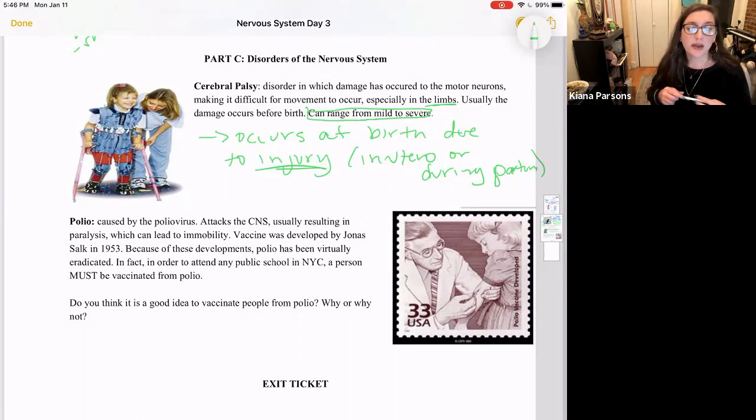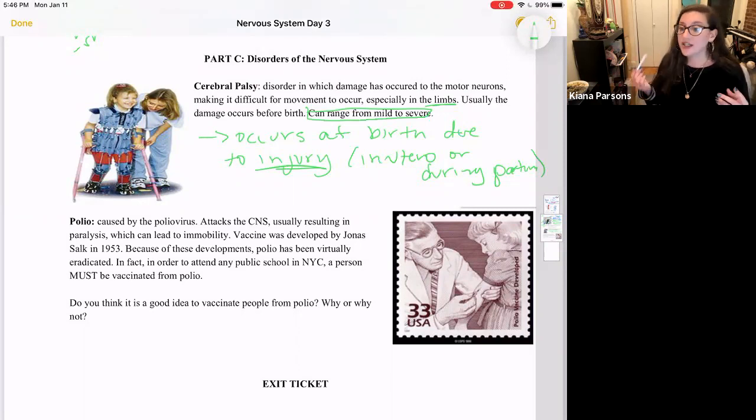So polio was caused by the polio virus. It attacks the central nervous system, usually resulting in paralysis, either partial paralysis or total paralysis, which can lead to immobility. The vaccine for polio was developed by Jonas Salk in 1953, which he famously refused to patent. Because of these developments, polio has been virtually eradicated in the entire world.